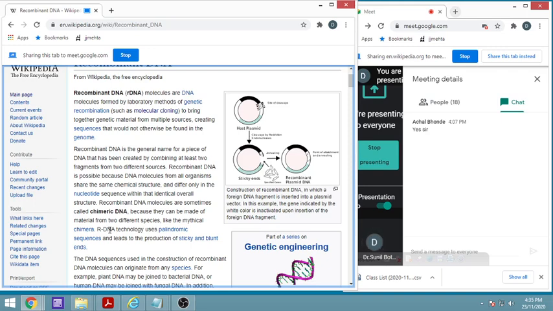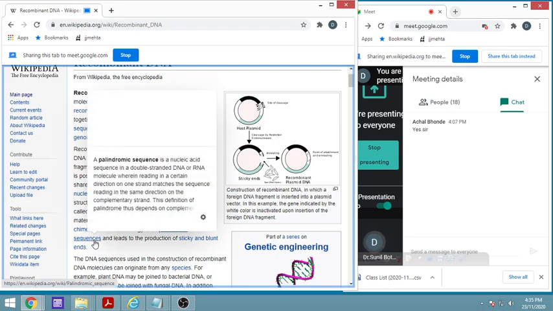Recombinant DNA technology uses palindromic sequences, which lead to the production of sticky and blunt ends. Palindromic sequences are nucleic acid sequences in double stranded DNA or RNA wherein the reading in a certain direction of one strand matches the sequence reading in the same direction on the complementary strand.